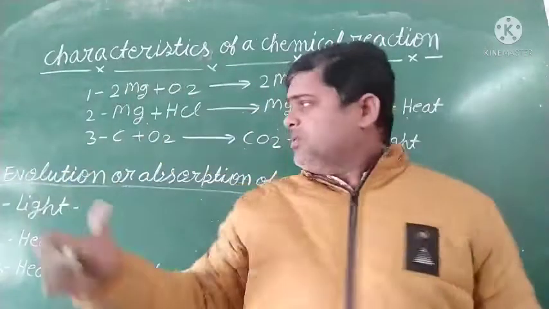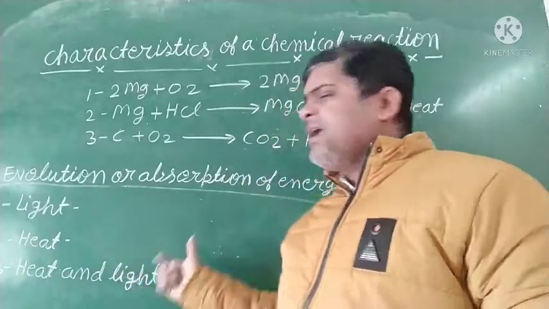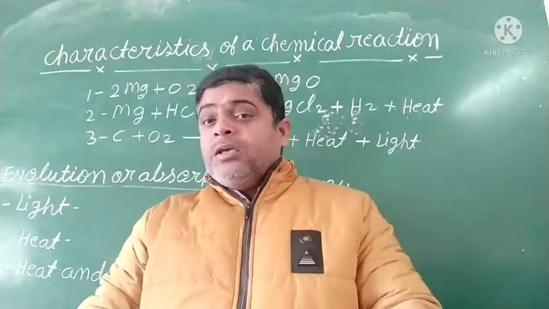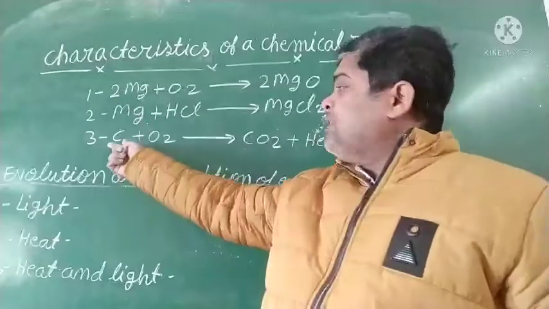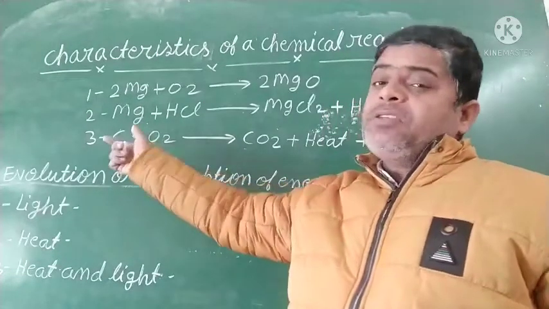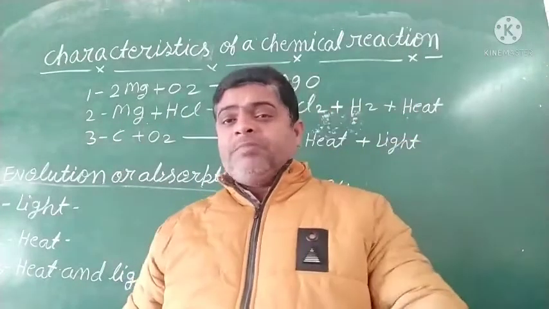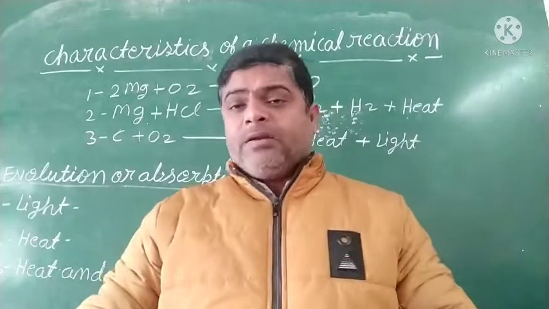Next one is heat and light. In some processes, heat and light both are released. Okay, so see, when C means carbon. Carbon means you take coal, petrol, diesel, LPG, all are carbon.